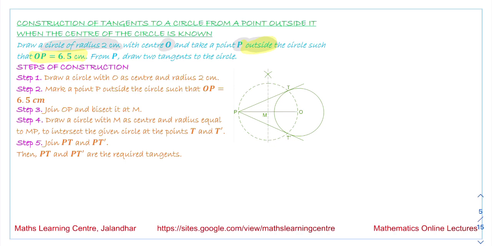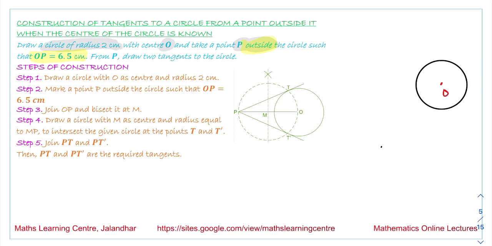The first step is to draw a circle of radius 2 centimeters, and the center of this circle is known to us. Suppose O is the center of this circle. Now we have to mark a point P such that the distance OP is 6.5 centimeter.